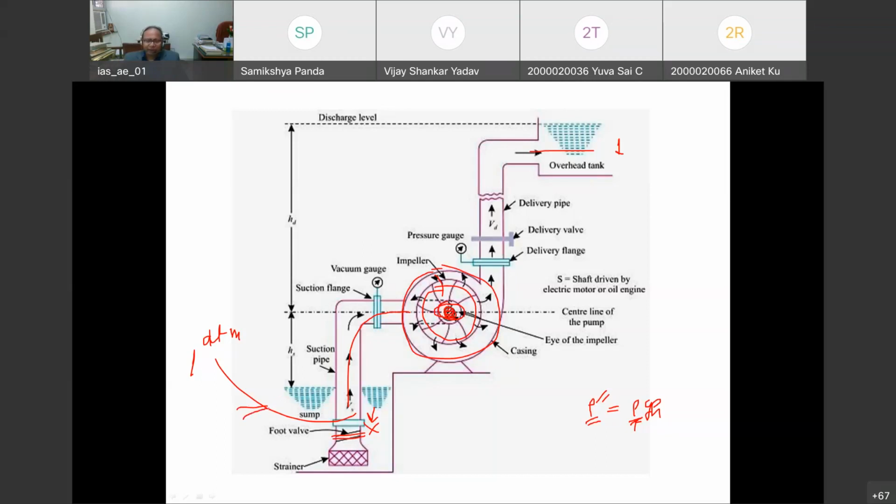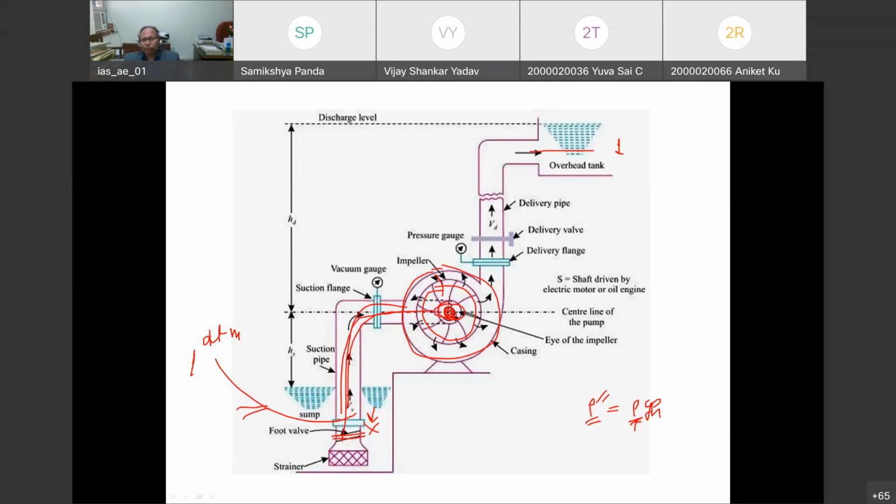Automatically, because a low pressure zone is created here, this water will go inside, to the eye of the impeller, and this valve will be in the open condition because it is a unidirectional valve.